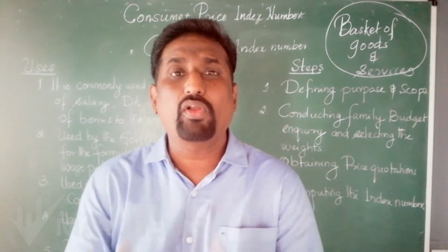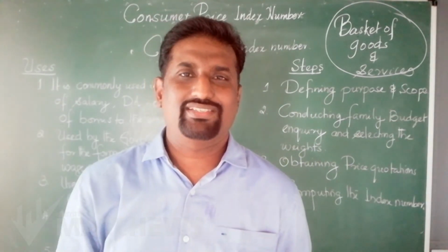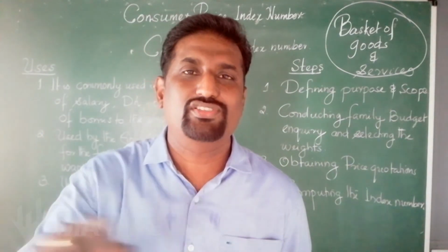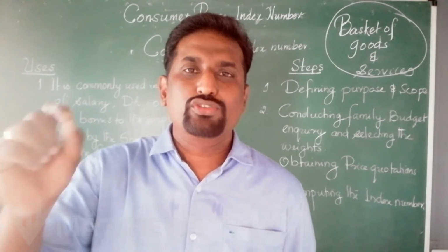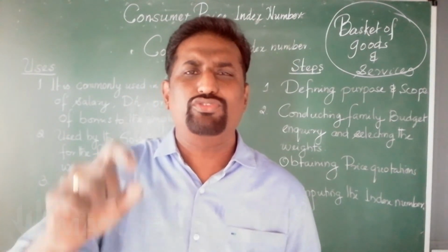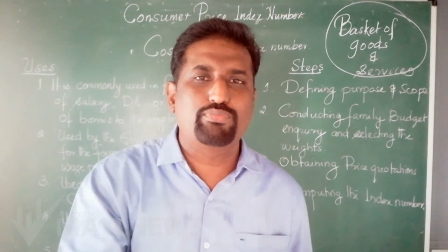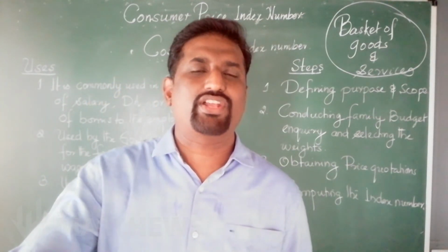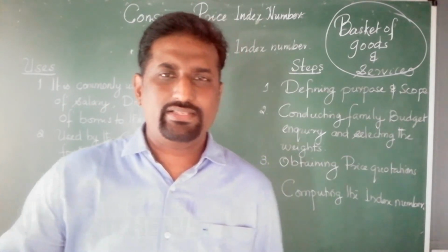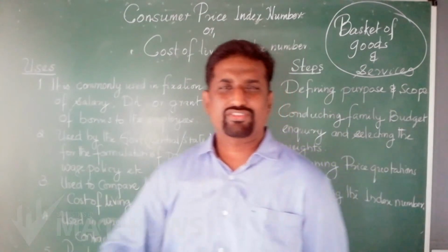These are the policy makers, the people who make or draft policies. To draft a wage policy, which means a salary policy, it is important they take into consideration the cost of living index number. And the third one, it is used to compare the changes in the cost of living.